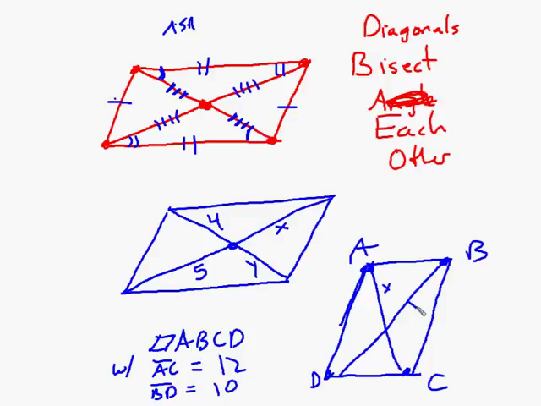What's X and Y? Okay, what's X? 6. And what's Y? 5. Pretty easy, because the diagonals bisect each other.